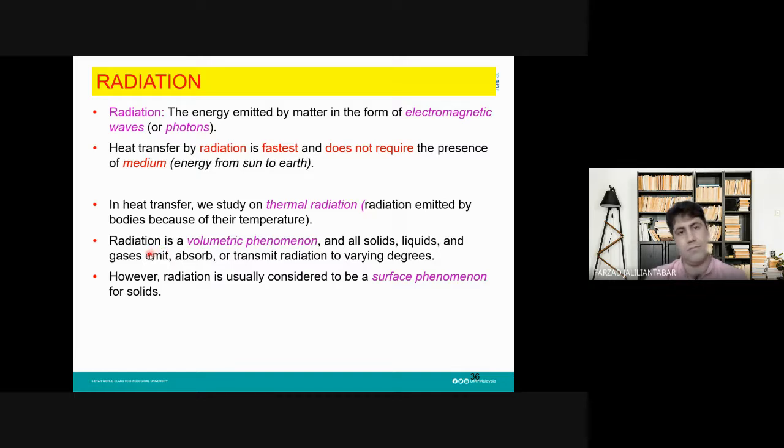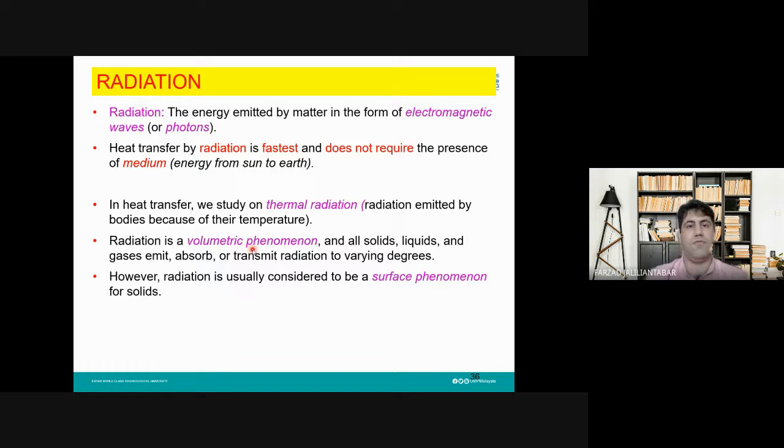And the other important thing about the radiation is that radiation is a volumetric phenomenon. What does it mean? It means the radiation happens from all surface or all volume of a body, and when we study the radiation, we need to consider the whole body surface or body volume.